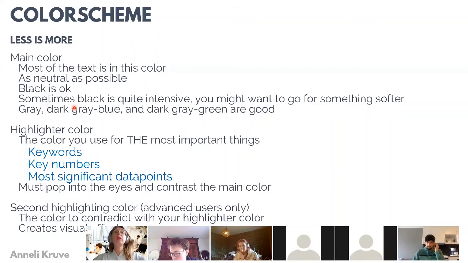If you want something a bit different from black, then gray is very, very good. Dark gray, not too light gray so that it wouldn't be readable. Or dark blue, dark green, grayish blue, grayish green, also very good colors. And this is what you basically use for all the basic stuff.